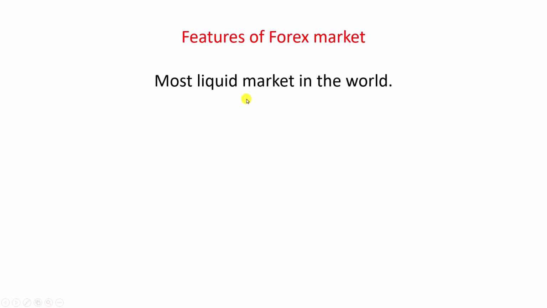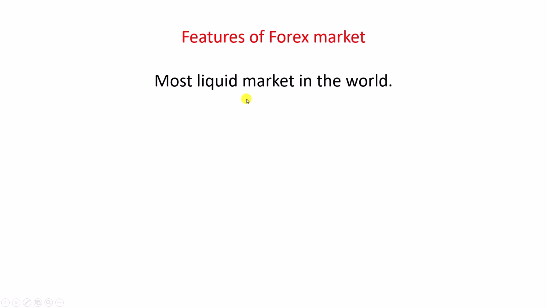Okay? If you are a seller, sometimes you may find it difficult to find a buyer who is willing to buy at the price at which you are trying to sell. Alright? Whereas in the case of Forex, that will not happen.